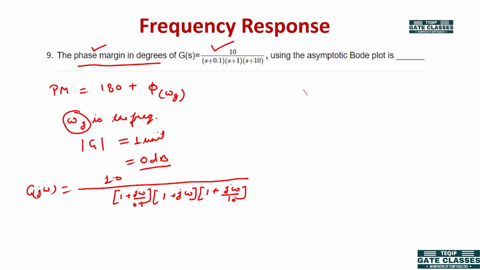So our omega 1 is equal to 0.1, omega 2 is equal to 1, and omega 3 is equal to 10.